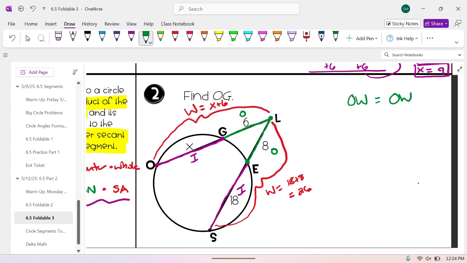So how do I set up my equation? For OL, what's my outer? 6 times, what's my whole? x plus 6. All right. For SL, what's my outer? What's my whole? 26. And thus our equation is set up.